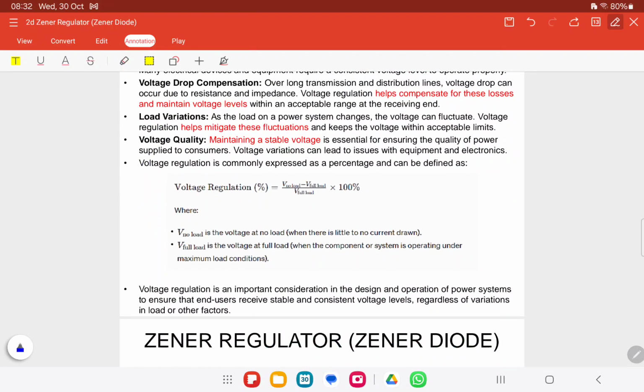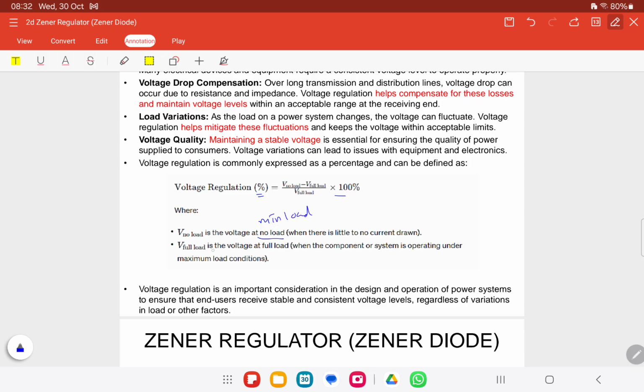This one is on the voltage regulation. Since dia ada load ataupun minimum and maximum load. So, we have the no load. This is for the percentage of the regulation. V no load minus V full load over V full load multiplied by 100. Okay, this one is when there is no load ataupun very minimum load.